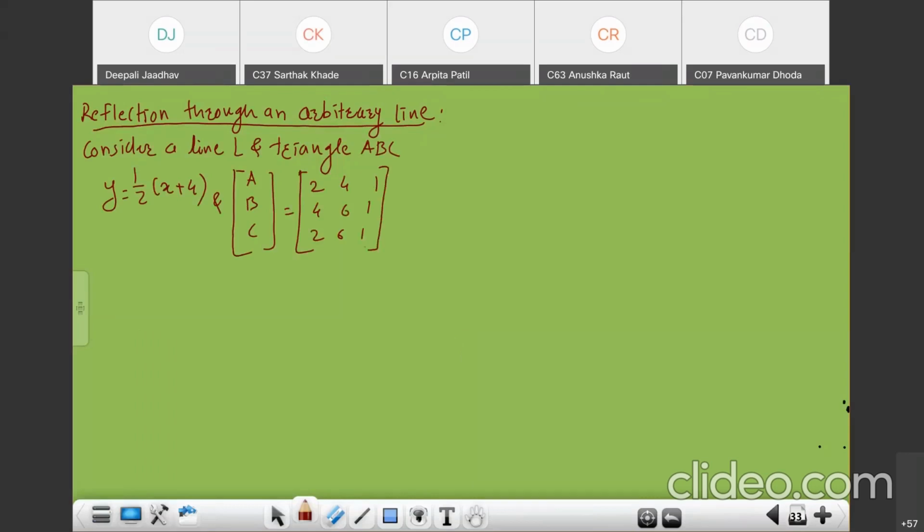I'm going to draw it here. Up to 6. A is 2, 4, may be here. Then B is 4, 6, and C is 2, 6 here.